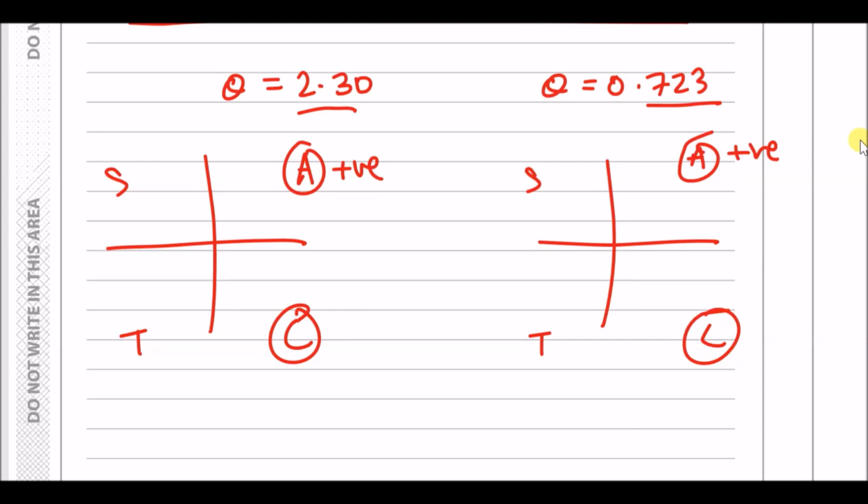And then we just label the angles. So on this side, we're going to have an angle of 2.30, and again 2.30. On the right side, we're going to have the angles of 0.723 and 0.723.